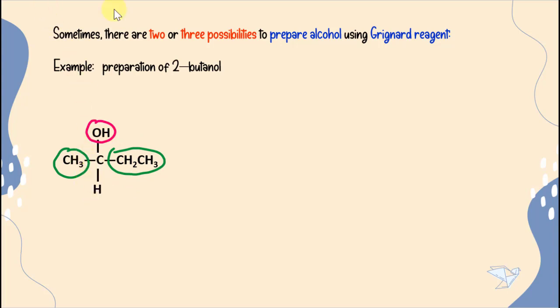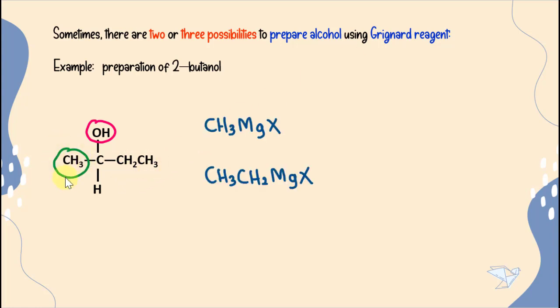The first possibility is when we have CH3MgX as our Grignard reagent, and the other possibility is CH3CH2MgX as our Grignard reagent. If we use CH3MgX as our Grignard reagent, the other part here will become our carbonyl compound.